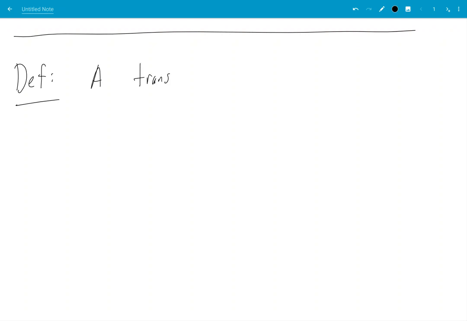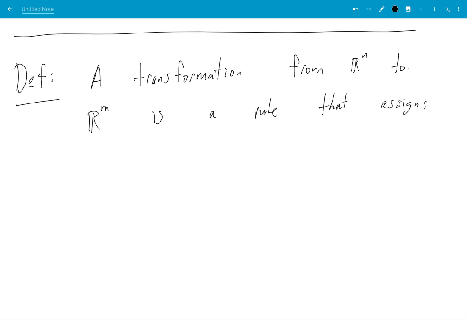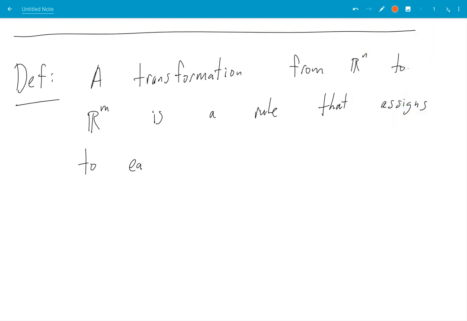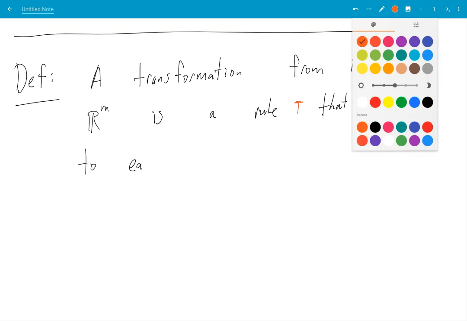A transformation from Rn to Rm is a rule, let's call it T, the letter T for transformation, just like we had f for function.